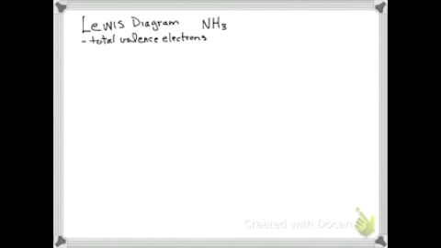And ammonia is NH3, as hopefully you recall. One of the first things we need to recall is the number of valence electrons that are donated by all the atoms that are in the compound. In this situation, we have ammonia.